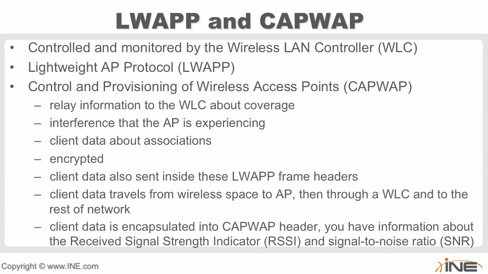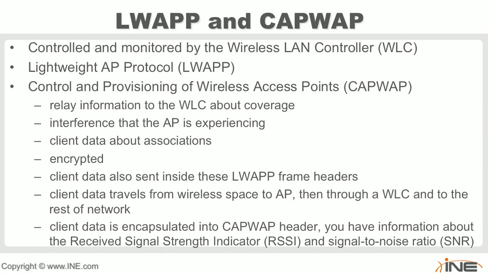The idea of LWAP and then CAPWAP was to relay information from the access point to the wireless LAN controller about a number of things, such as coverage, any interference that the access point might be experiencing, and the actual client data about association, with encrypted communication between the access point and the wireless LAN controller.